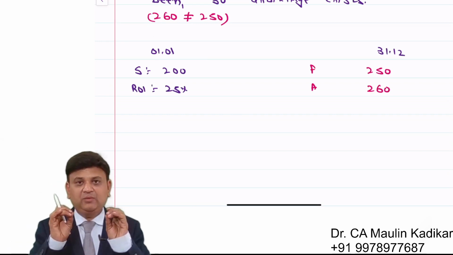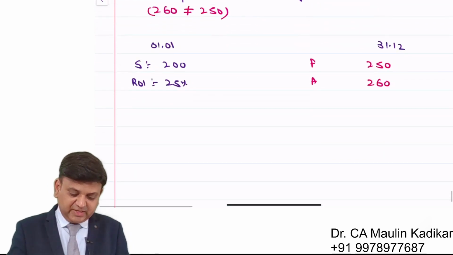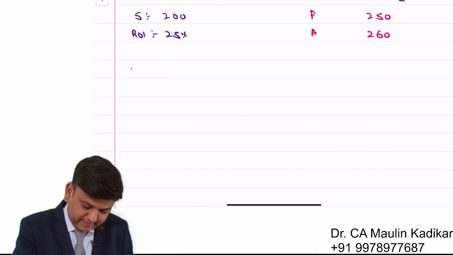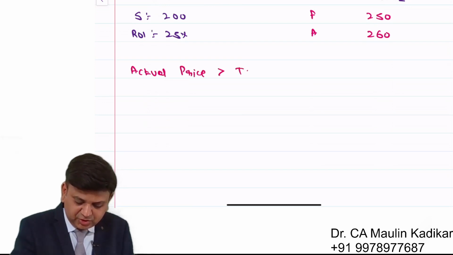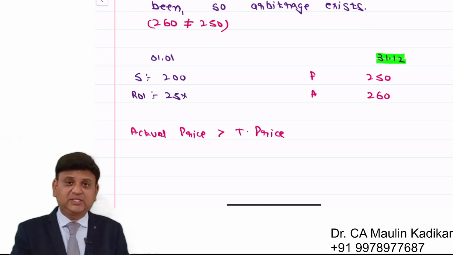See, what is the now learning part that you need to understand, dear students? We understand that actual price is greater than theoretical price. In a way that at the end of the year, 31st of December term, actual price is 260.